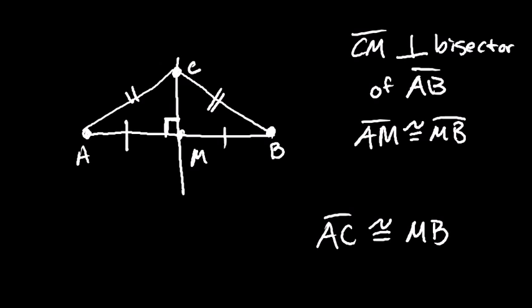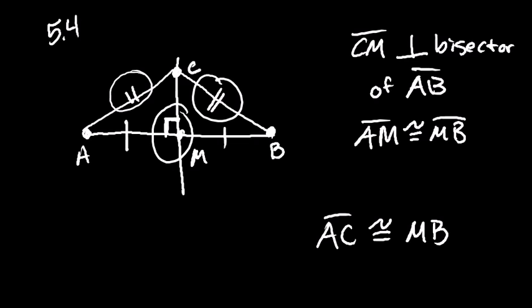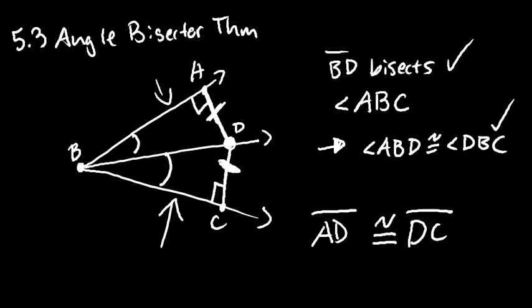So when we're looking at theorem 5.4, we're going to be looking for these congruent symbols and these right angles. I'm going to be looking for those congruent angles and the right angles as well, in the couple of example problems I will cover.